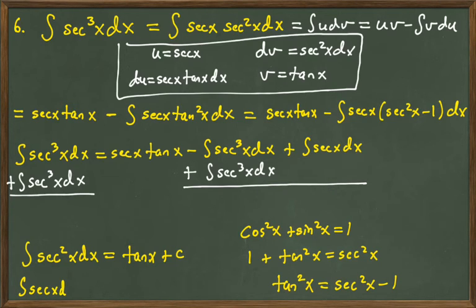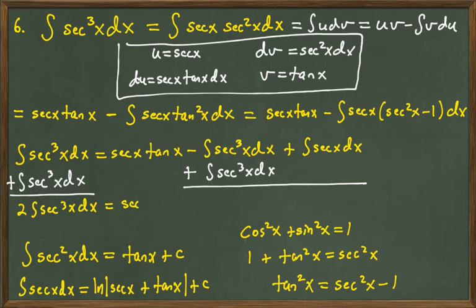And then recall from Cal 1, the integral of secant was the natural log of the absolute value of the secant plus the tangent of x plus c. So 2 times the integral of secant cubed x dx is equal to secant x tangent x plus the natural log of the absolute value of the secant x plus the tangent of x, and then plus c.